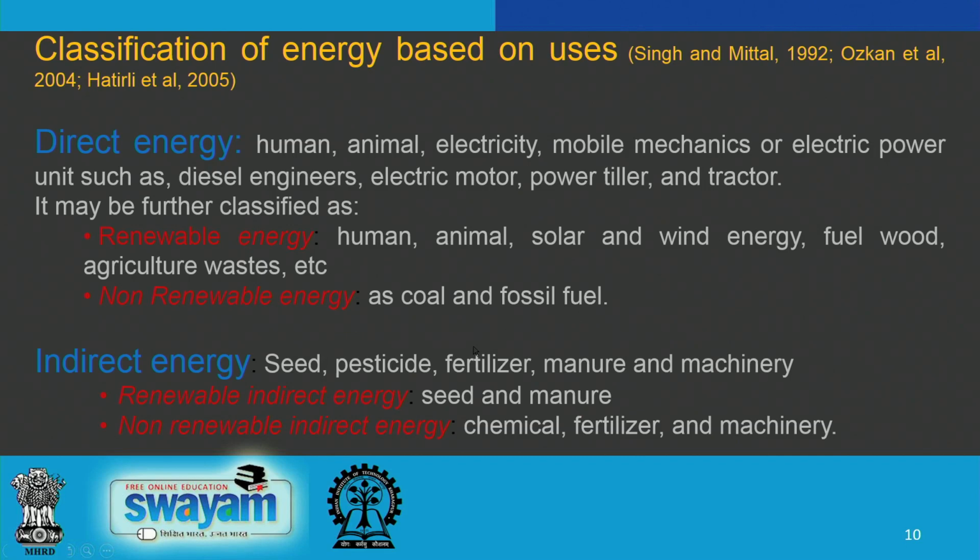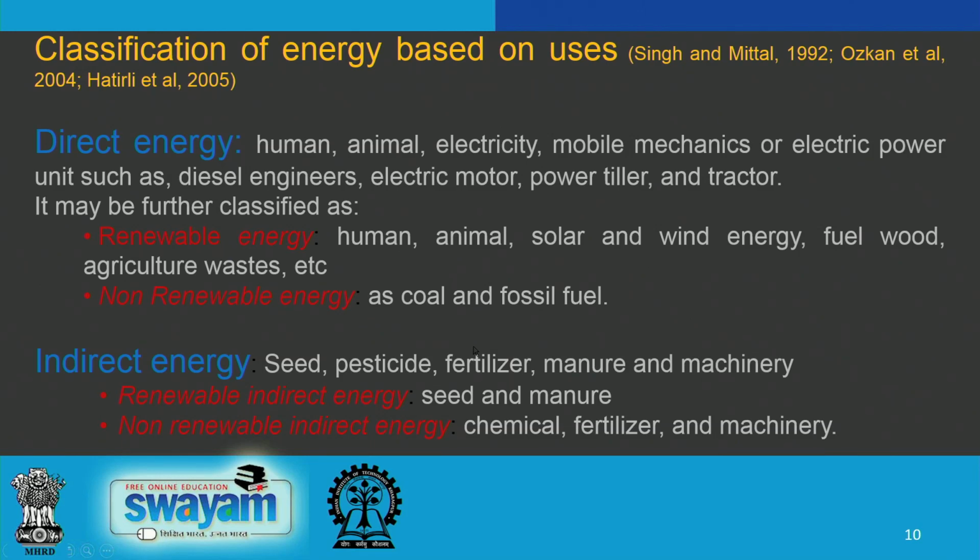This direct energy may be further classified into renewable energy as well as non-renewable energy. The renewable energy component will include human, animal, solar and wind energy, fuel wood, agriculture wastes, etc., whereas the non-renewable energy component can be considered as the coal or the fossil fuel.